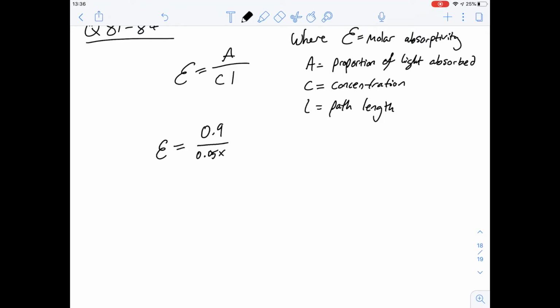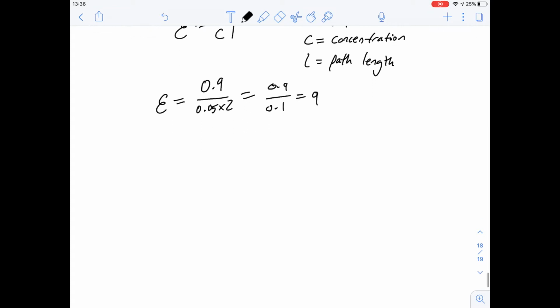And then if we're looking at the other two, we were given concentration as 0.05 and the width or the path length of 2. So then that gives us 0.9 over 0.1, which simplifies to 9, and then we're given the units there as well, which are going to be moles per centimeter cubed. Great, so that gives us an answer B for 81.